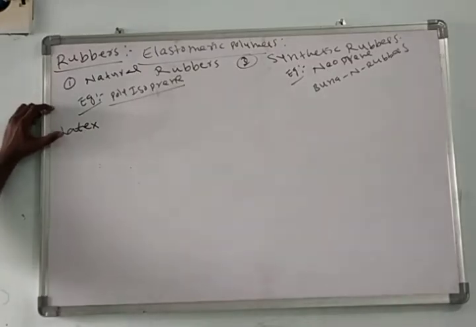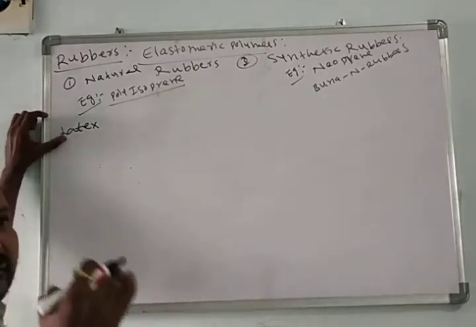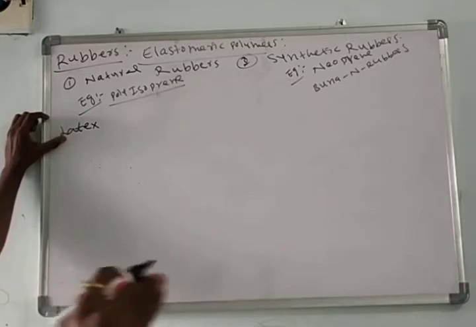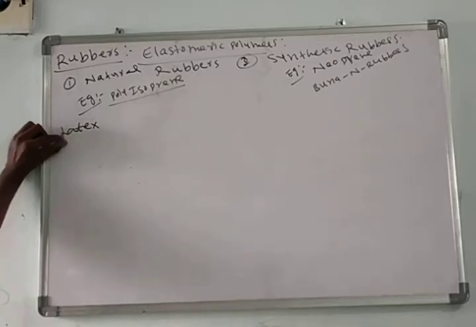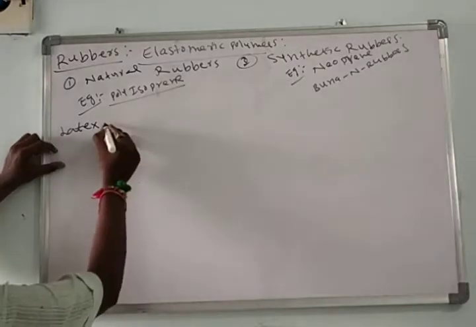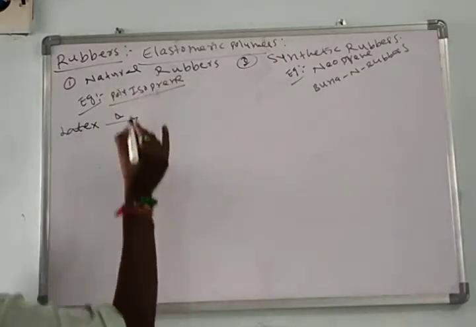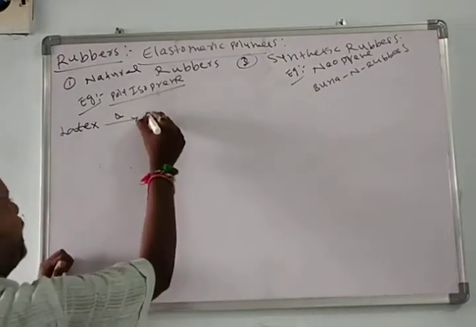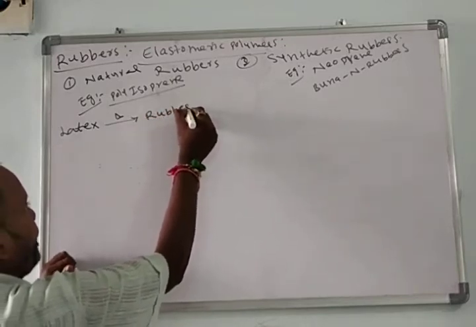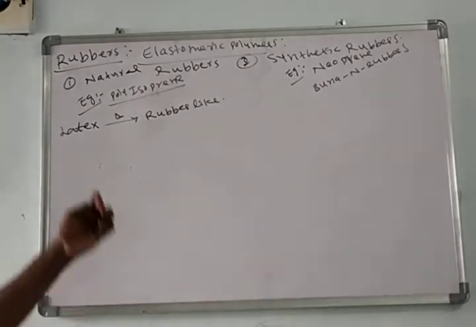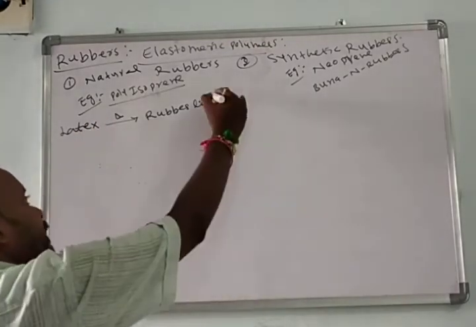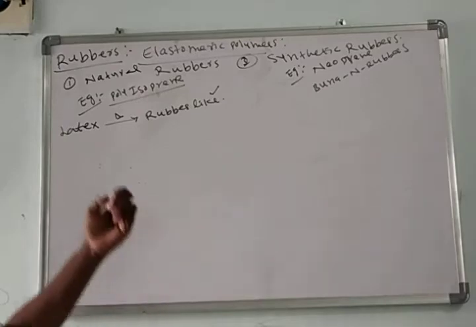When we cut the stem of the rubber plant, we get a white or cream color liquid, that we call latex. Then heat that latex. We will get a rubber-like material with elastomeric properties.